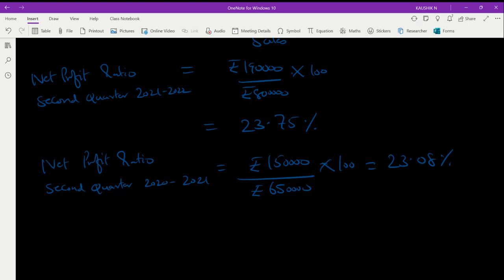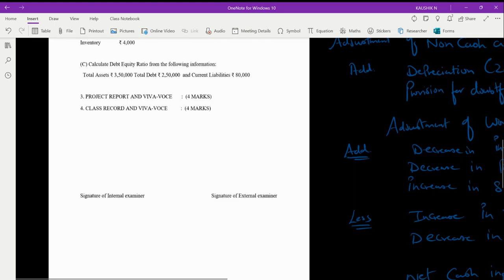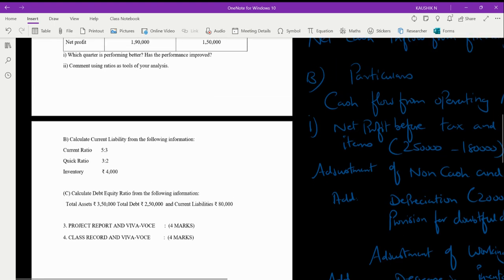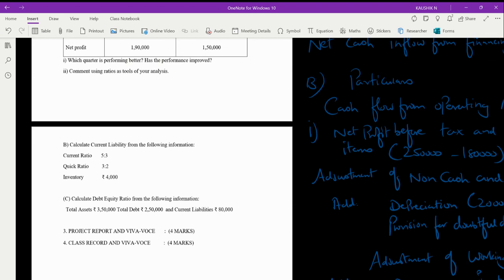So you'll write your answer as comparing the ratios of second quarter for both the years. The net profit ratio of 2021-22 is more. Hence, the performance of the company has improved, because they also asked whether it has improved in the performance or not. So you'll give your answer like it has improved in its performance.